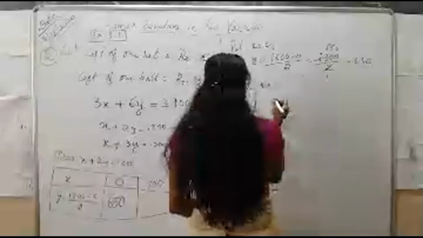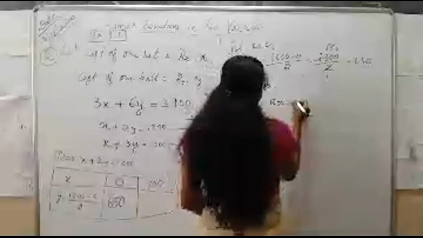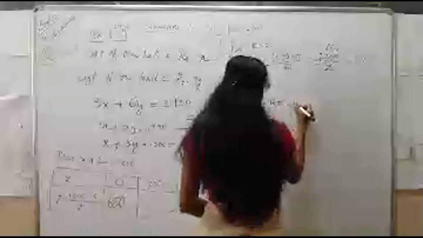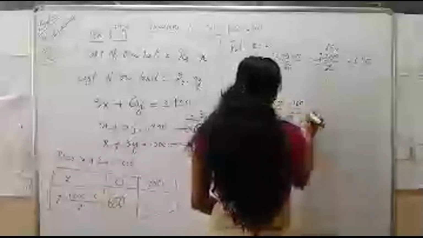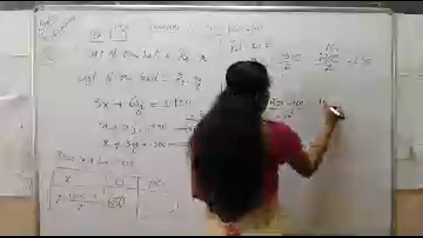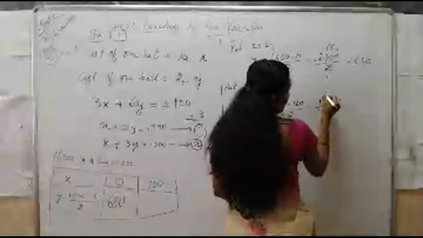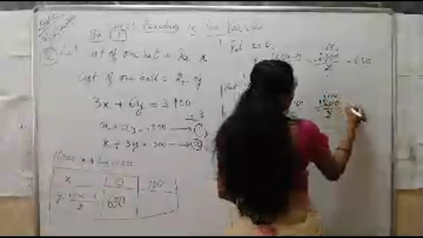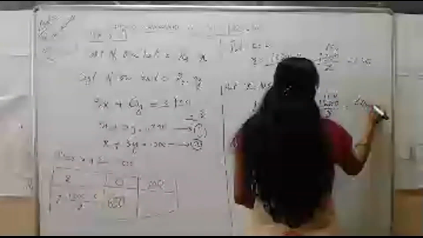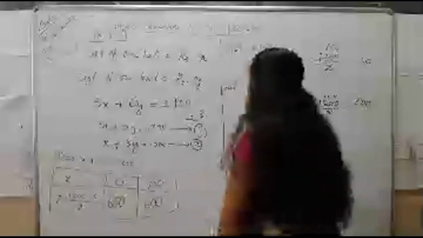So y is equal to 1300 minus how much? 100, divided by 2. Only for your convenience, it is 1200 divided by 2. 2 ones are 2, 2 sixes are how much? 12, which is equal to 600. So for x is equal to 100, we get y is 600. Next, take some equation.